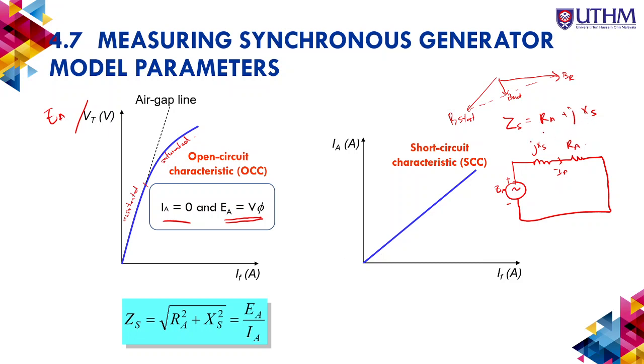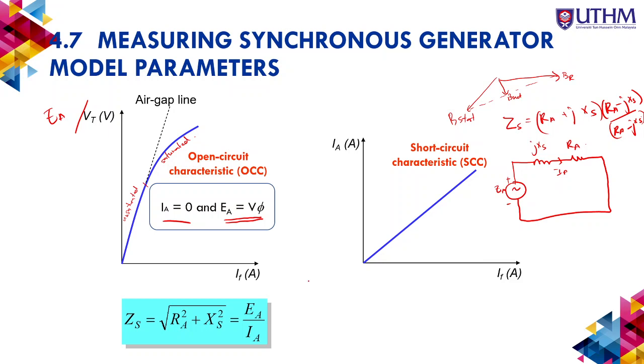The conjugate is just RA minus JXS, if I'm not mistaken. Okay, so then it will become like this.